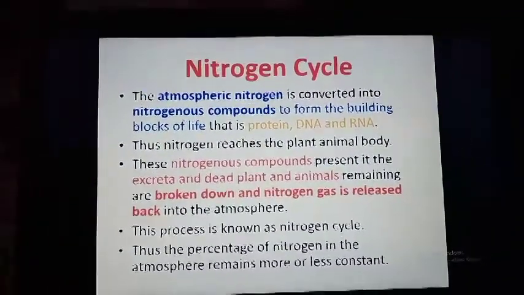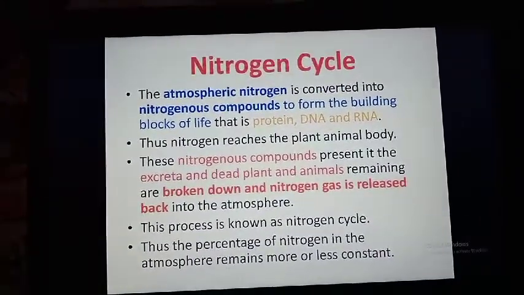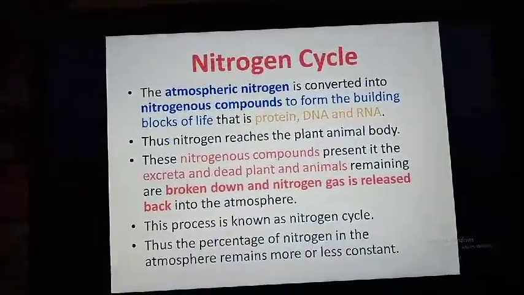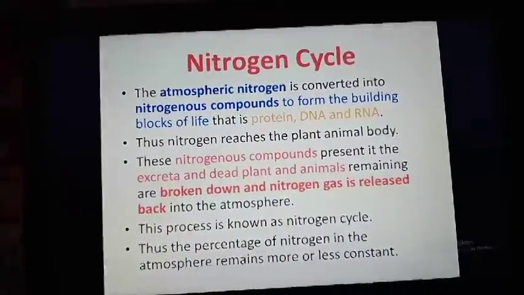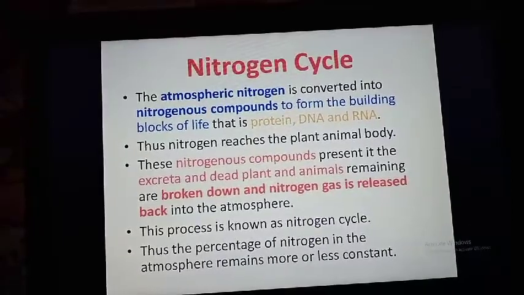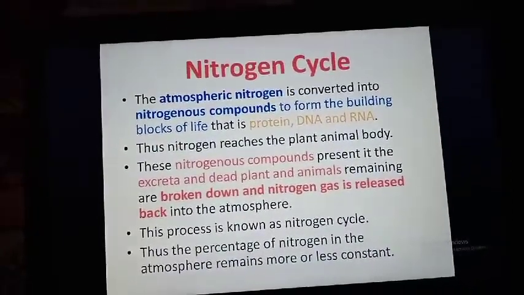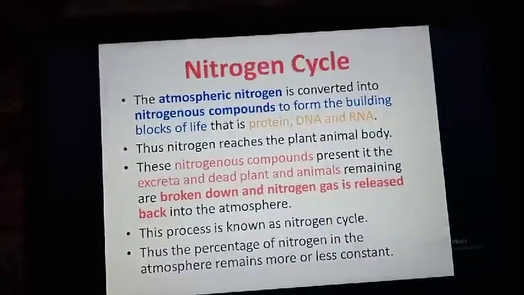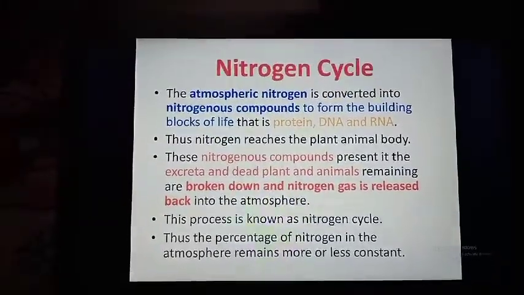Nitrogen cycle. The atmospheric nitrogen is converted into nitrogenous compounds to form the building blocks of life, that is, protein, DNA, and RNA. Thus, nitrogen reaches the plant and animal body.